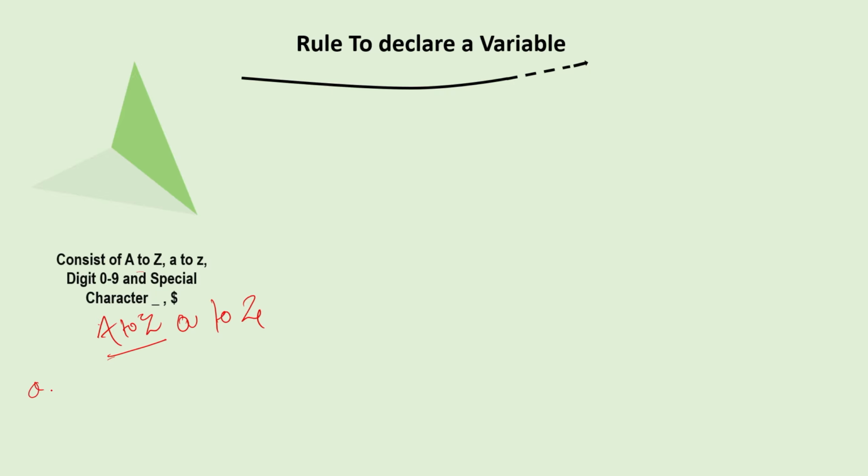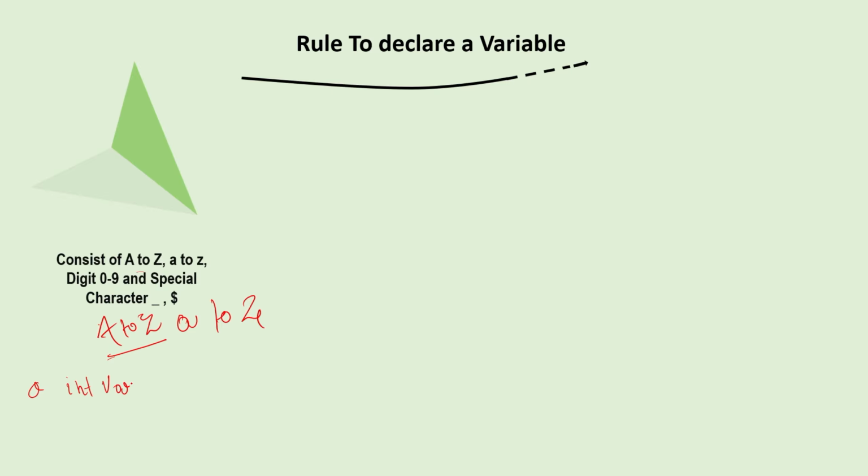Whenever we declare a variable, first we write int, and after that the variable name.